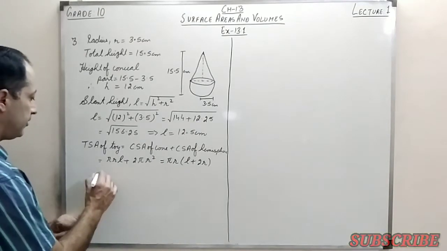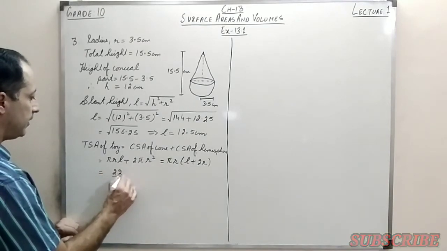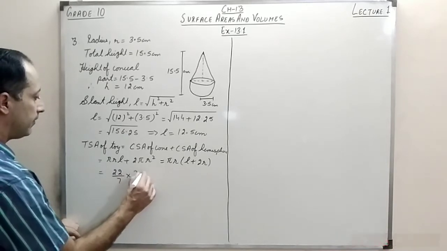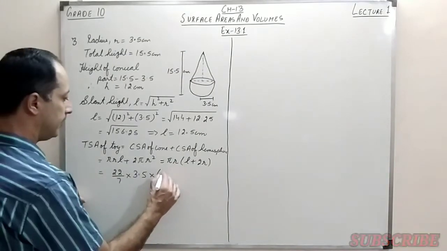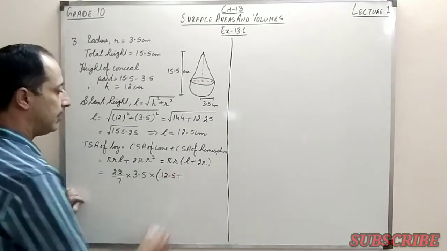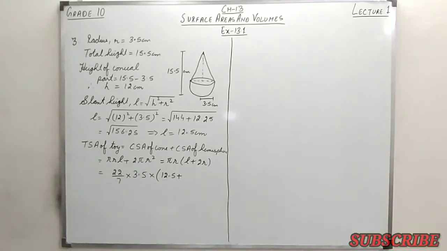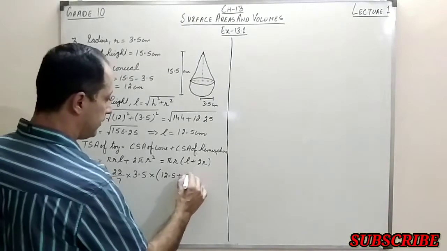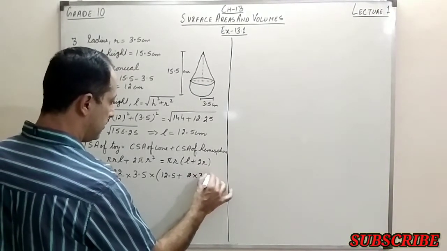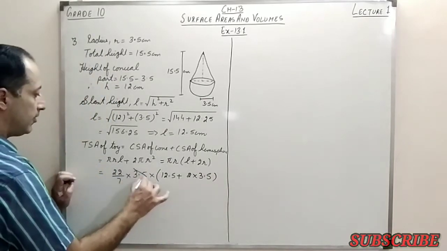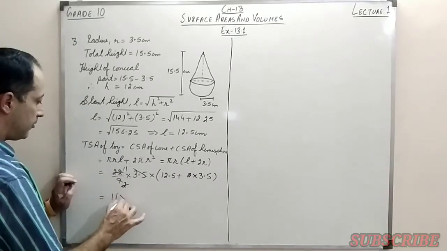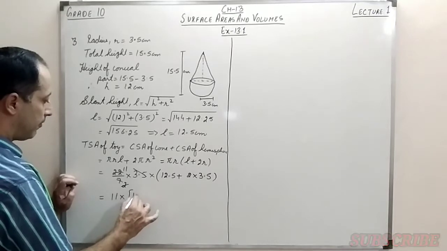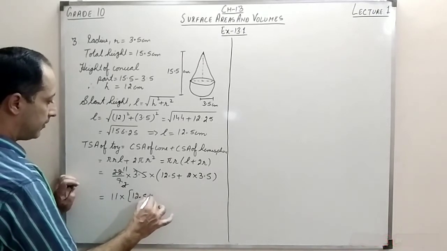Now we just substitute the values. This is 22/7 times 3.5, and inside the bracket we have L as 12.5 plus 2 into r, and r is 3.5 centimeter. So we write here 2 into 3.5. Right, this cancels out with 7, this comes up with 2, this is 11. So this is 11 into, and inside the bracket we have 12.5 plus 7.